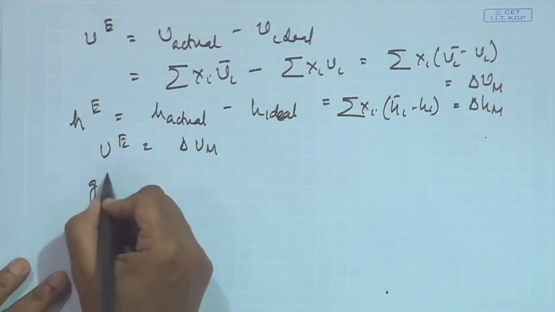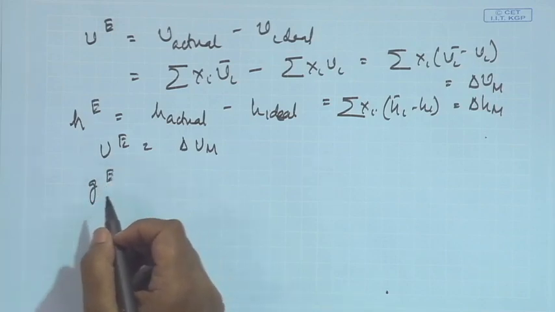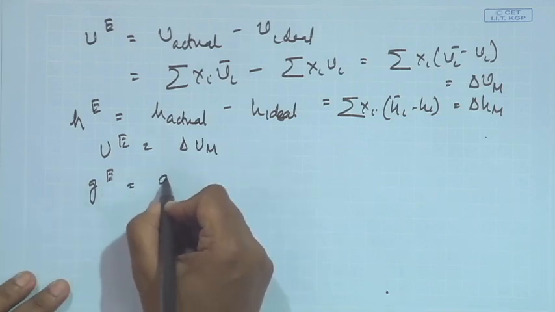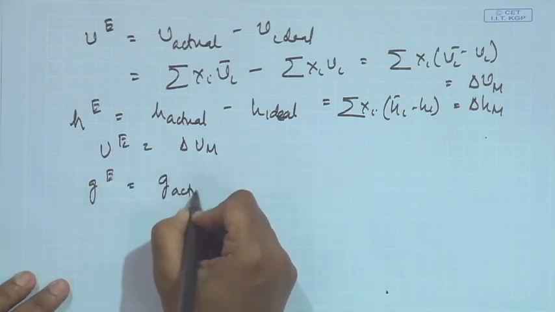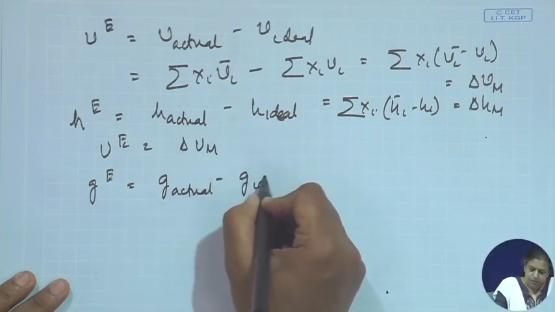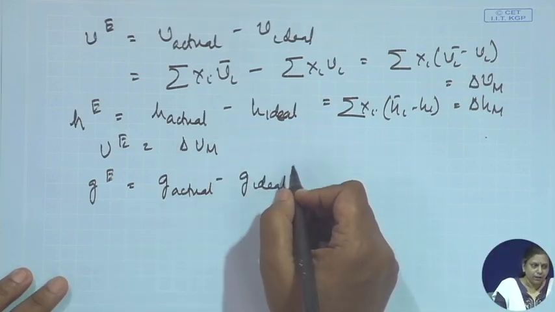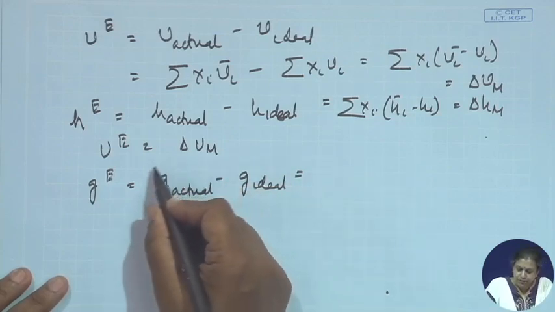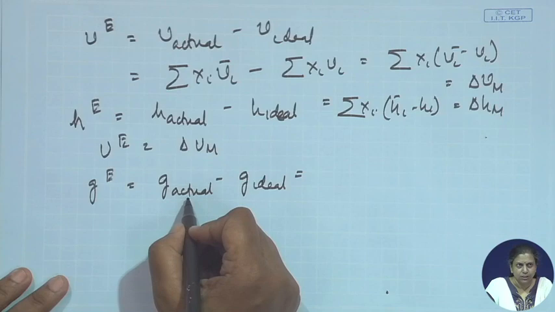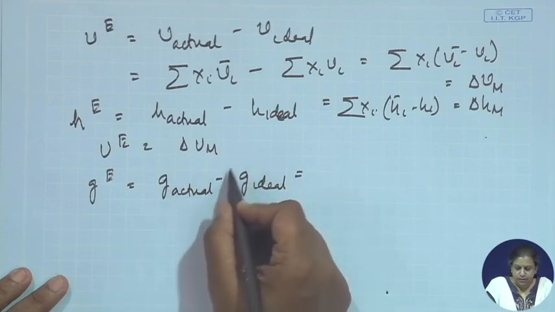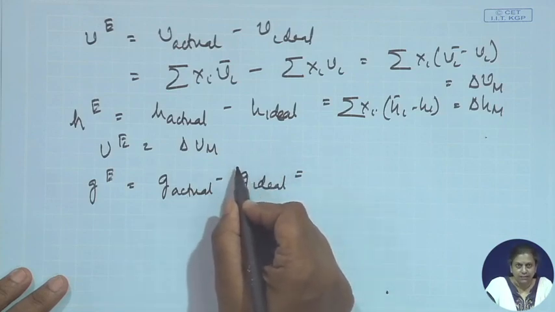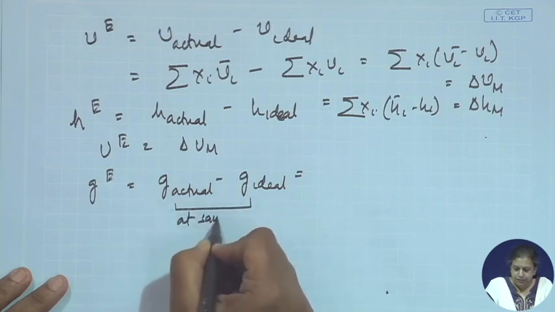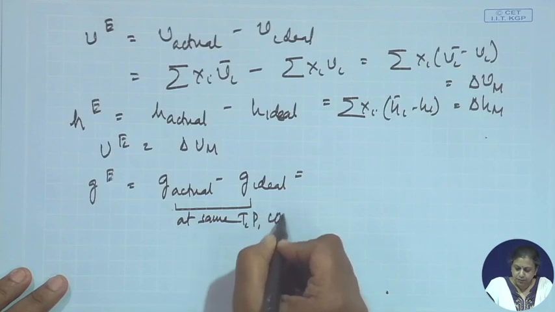Let us see what GE equals. Again, the same way it should be G actual minus G ideal. Remember one thing, this is the Gibbs free energy of the actual or real solution, and this is the Gibbs free energy of the ideal solution, both at the same T, P and composition.